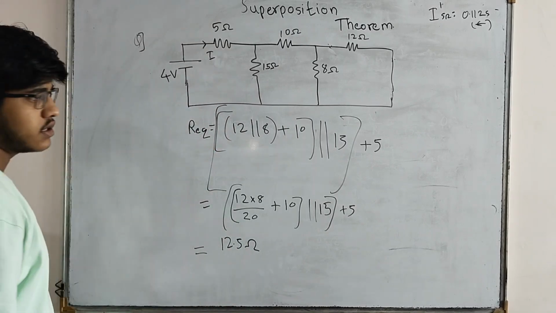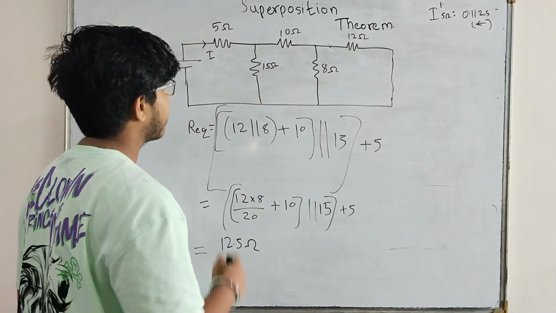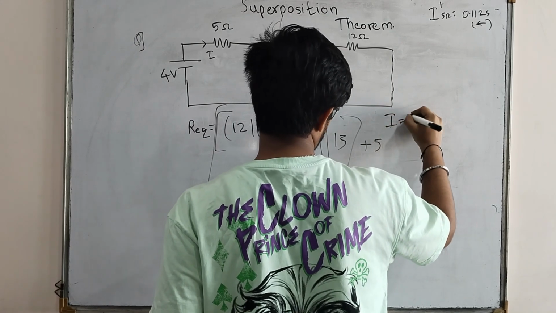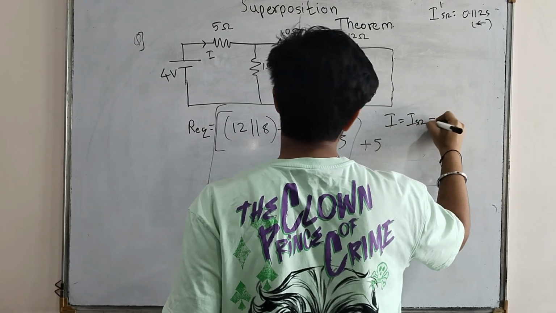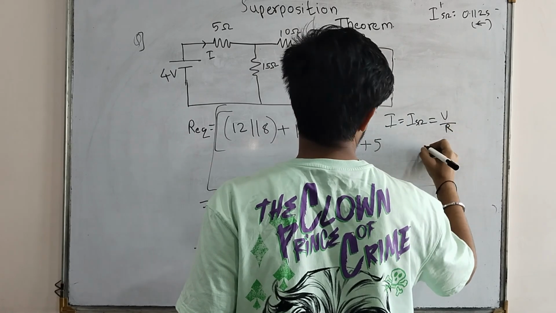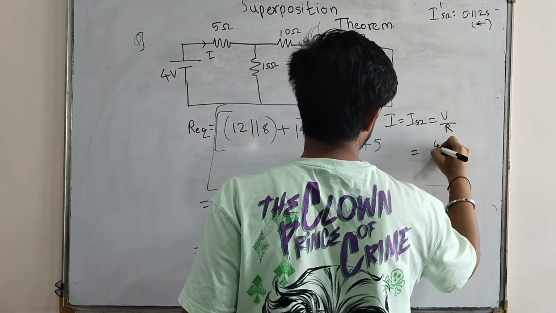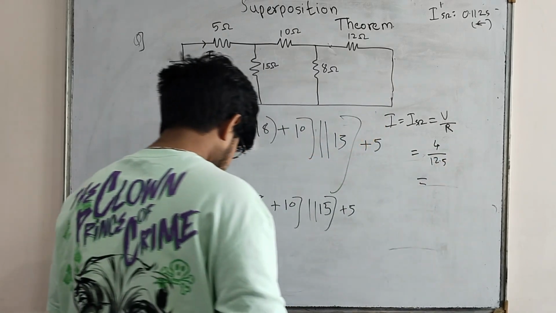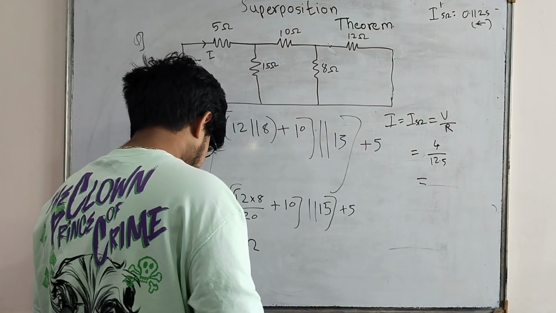This is my R equivalent. Now by Ohm's law, we can directly say I, which is equal to I through 5 ohm, will be equal to V upon R. So it will be equal to 4 divided by 12.5.